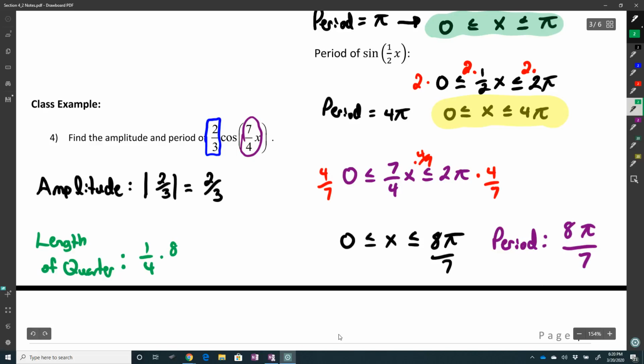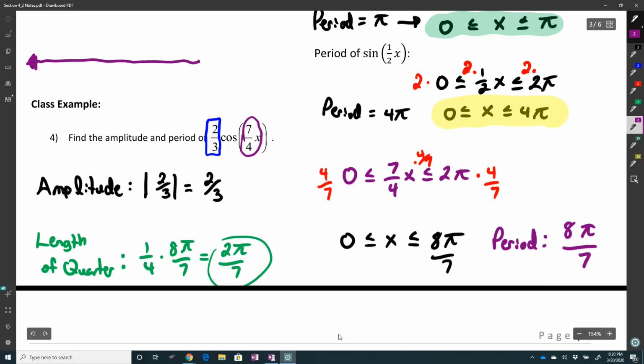So 1/4 times 8 pi over 7. 8 over 4 is 2, so that's just 2 pi over 7. That means if you were going to create a graph and made your axis, this would be 8 pi over 7, and each quarter would be 2 pi over 7.